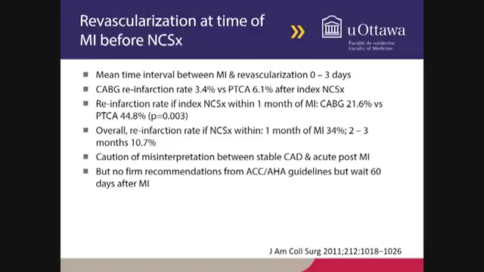When the patients have an acute MI, and then they go on to have either a PCI or some sort of angioplasty stent versus a CABG, and then they come for surgery, a non-cardiac surgery. If it is done within a month, the risk is much higher. And compared between PCI versus CABG, CABG is actually much better in terms of reinfarction.